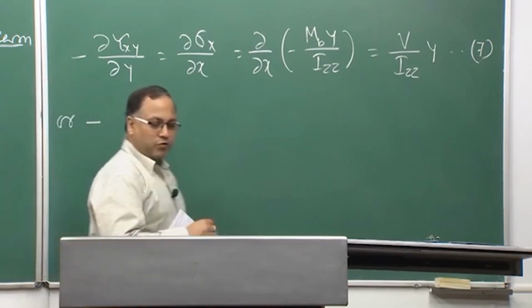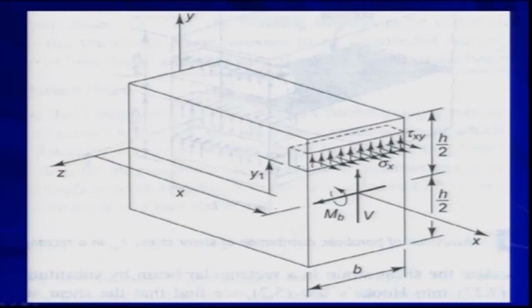So, if you come back to this figure, we are considering the rectangular cross section as we have decided, and you know that the neutral surface or the neutral axis will be passing through the centroid of the cross section. So, it will be passing through the center of the beam. So, this is h by 2, this is h by 2. On this plane, if we consider one element, sigma x is acting due to bending, and because of your shear force tau xy is also acting.